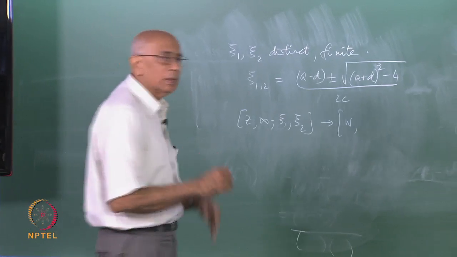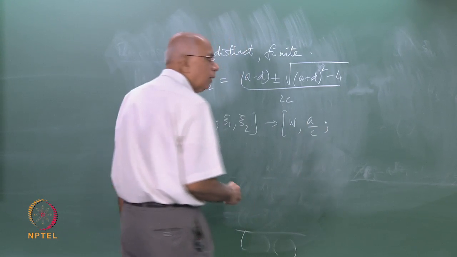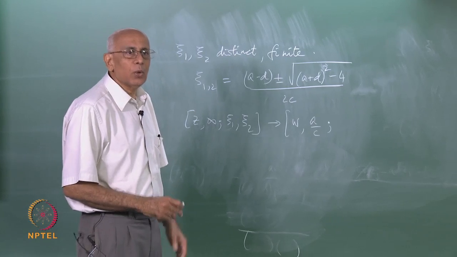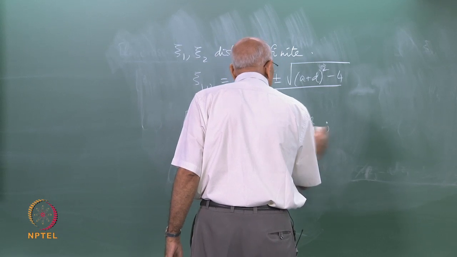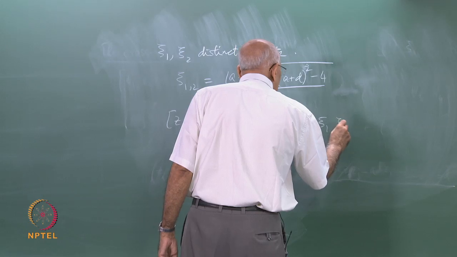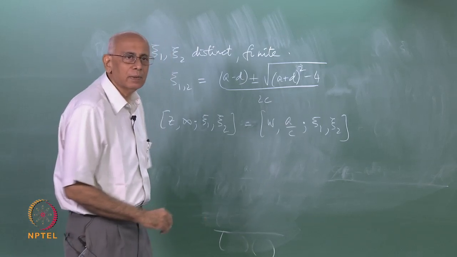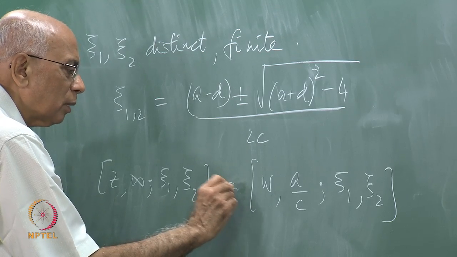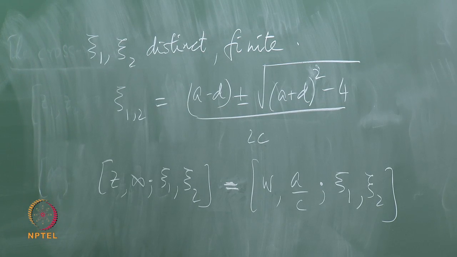A over C. So this goes to A over C. And Xi1 and Xi2 go to themselves, they are fixed points, right. And the cross ratio is invariant under this transformation. So this must be equal to that, where Z is an arbitrary point and its map is W.